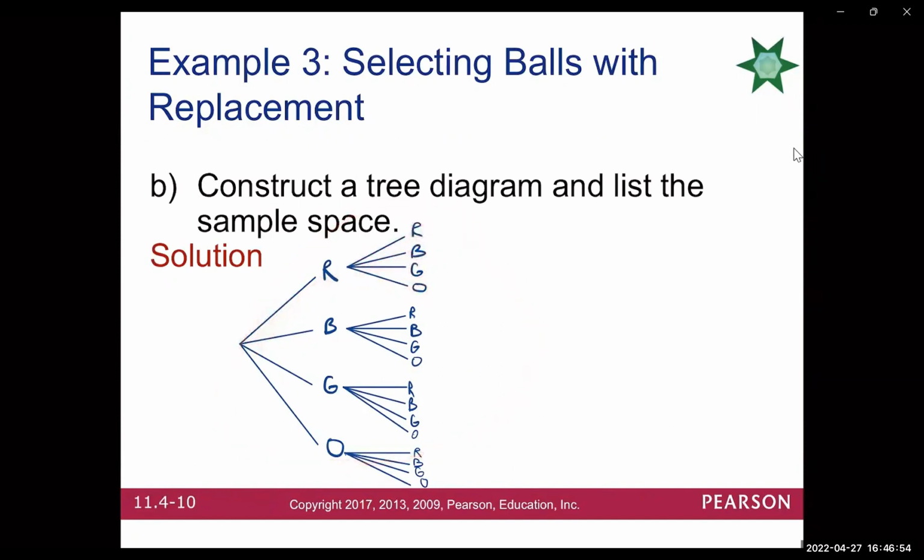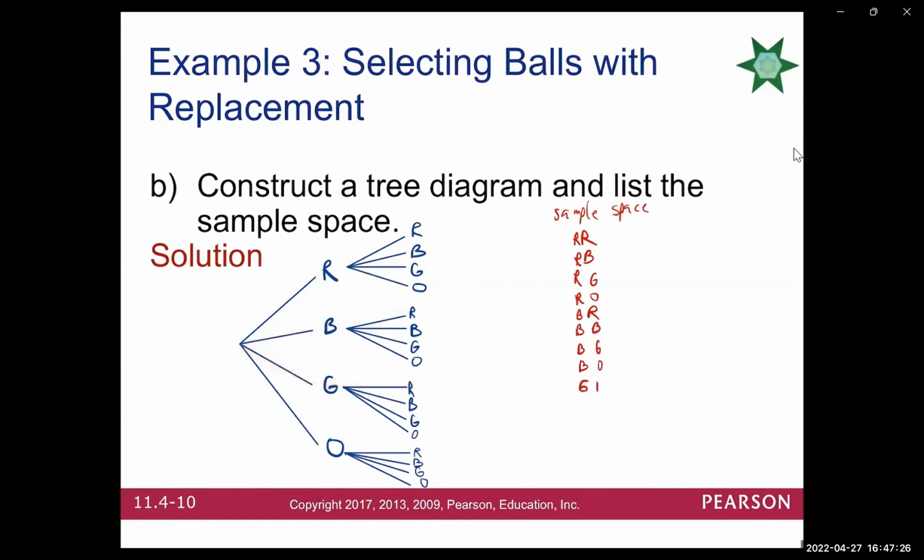So the first, you can either get a red. So the sample space will be red, red; red, green; I'm sorry, red, blue; red, green; red, orange; or you can get blue, red; blue, blue; blue, green; blue, orange; or you can get green, red.